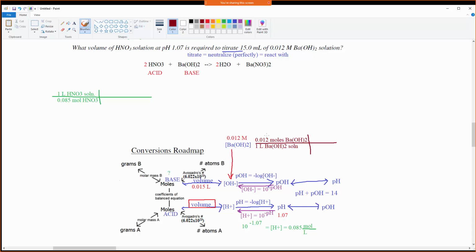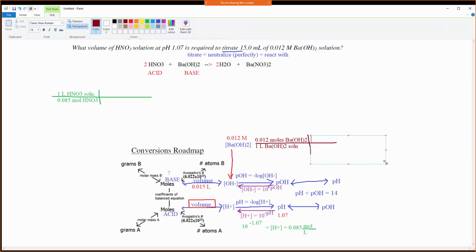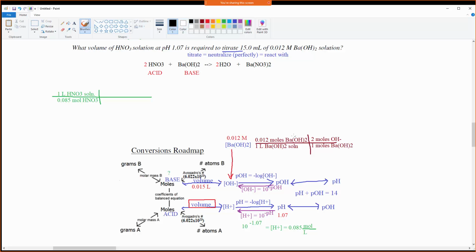You can either say I've got 2 hydroxides for every barium hydroxide, or you could say I'm going to have 2 HNO3s that are going to react with every 1 barium hydroxide. Doesn't really matter, whichever one you say. Sarah says I've got 2 moles OH minus in every 1 mole Ba(OH)2. That's just fine. Excellent. Now what?